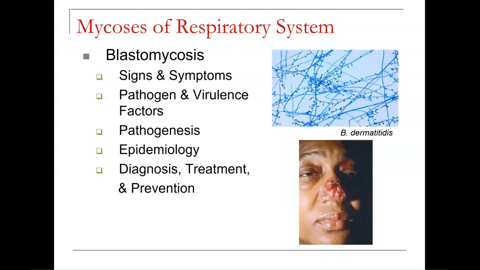Epidemiology, you're going to have an incidence of human infection increasing, reported mainly in places like Latin America, Africa, Asia, and Europe. Mortality is going to be high among immunocompromised patients, and it's often common to have a relapse. For diagnosis, the fungus is going to be identified in clinical samples and microscopic examination.